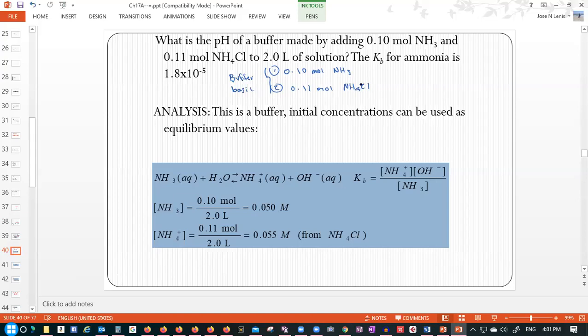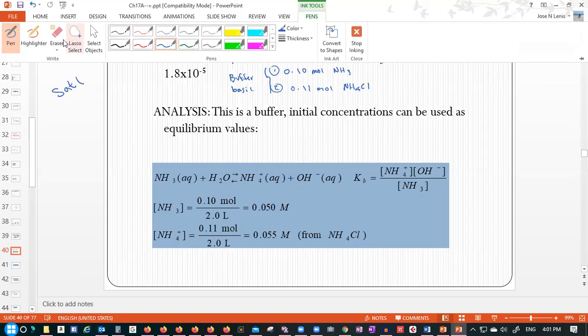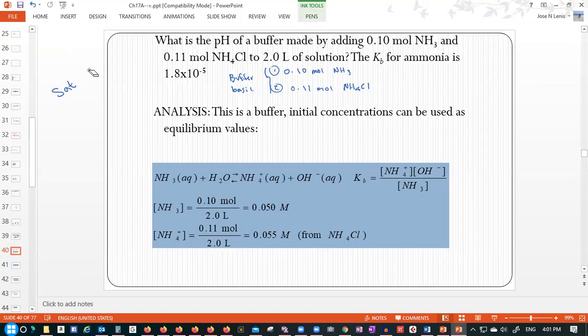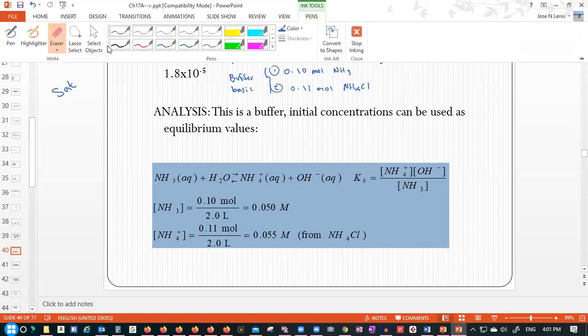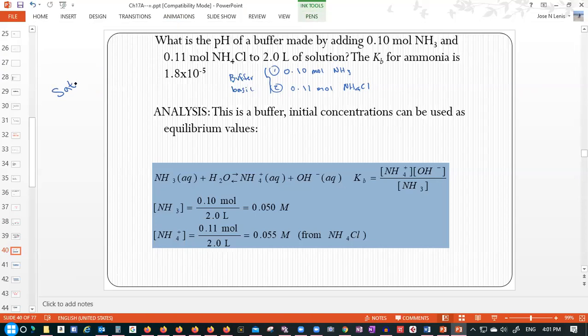Because remember, all salts contain a cation and an anion, that forms your crystal, the little crystals there.